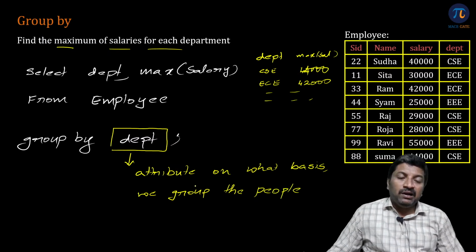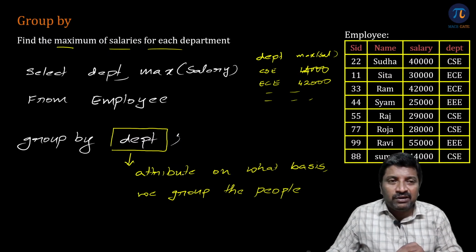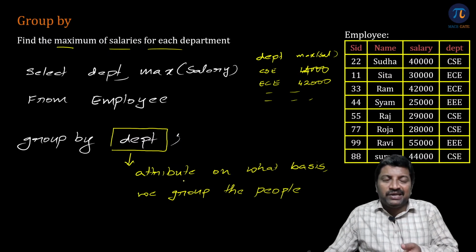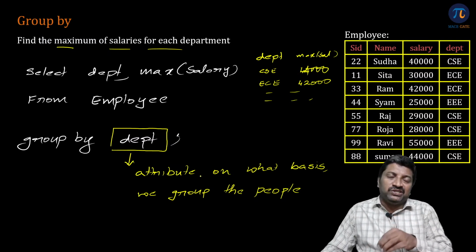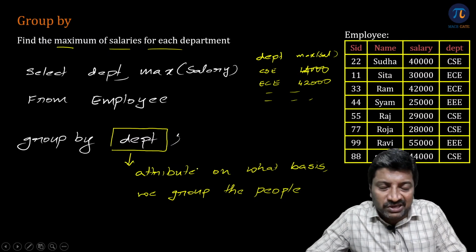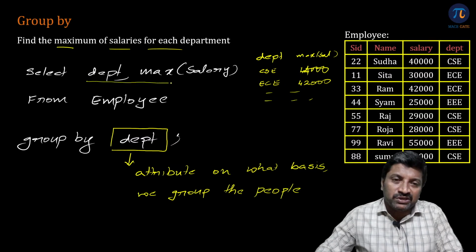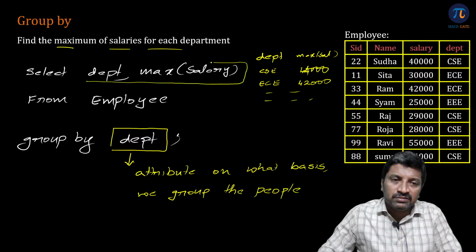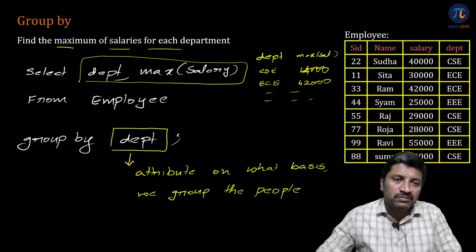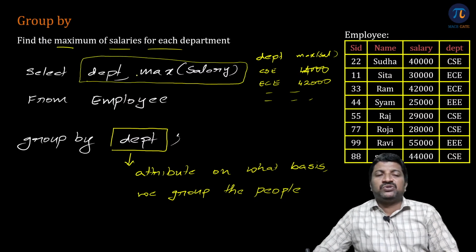Right? And after grouping, what you need, sir? Generally, we use aggregate operators. The count of employees in CSC department, maximum of salaries, minimum of salaries, average of salaries. So that is the story, sir.